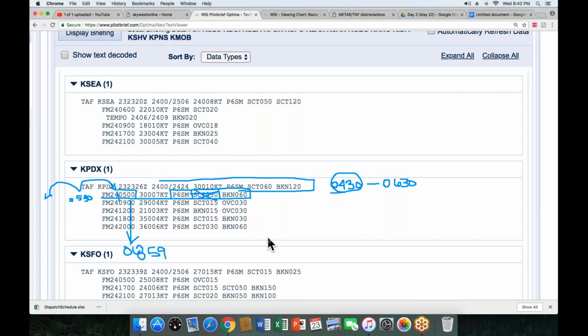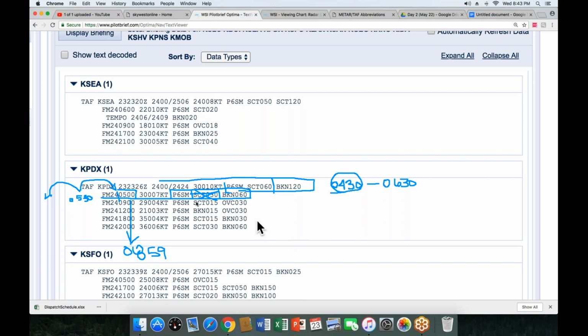Do we have greater than 3 miles of visibility? Yeah, it's still 6 miles. And do we have greater than 2,000 foot ceilings? Yep, it's 12,000. Exactly. So we do not require an alternate at all.